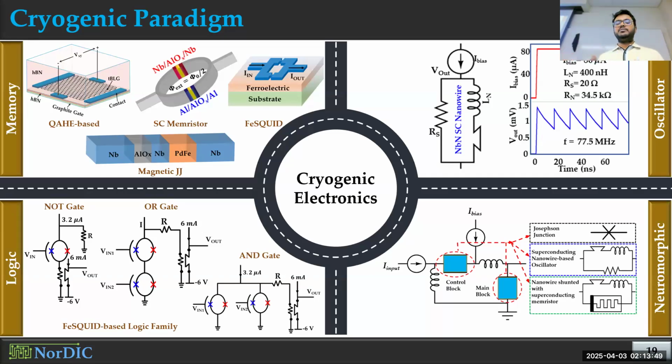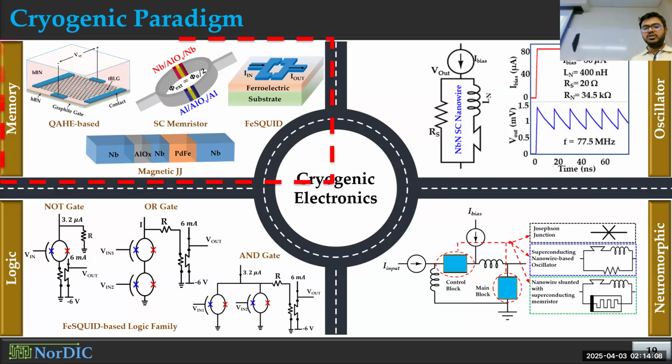Okay, and with superconducting electronics, you cannot beat them in terms of energy efficiency. There is no better technology that can give you better energy efficiency than superconducting electronics. So it's an obvious choice to use superconducting devices or technologies to design neuromorphic circuits for this cryogenic environment.